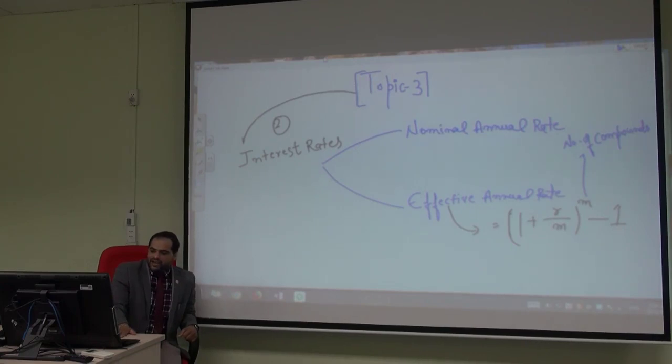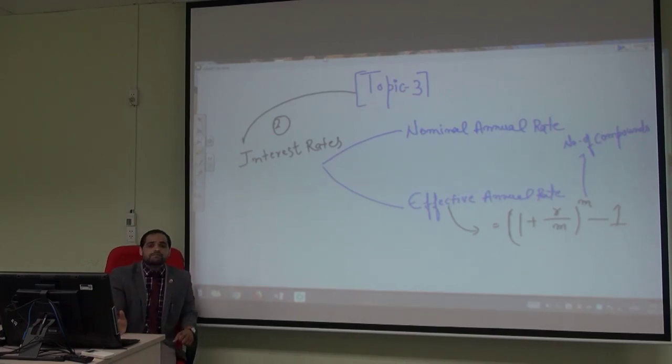In effective annual rates, we have multiple compounds compared to the nominal annual rates. So we have the principal amount and the interest plus principal for that particular period. In the second period, if you do not withdraw that money, we have interest over it again, principal plus interest.